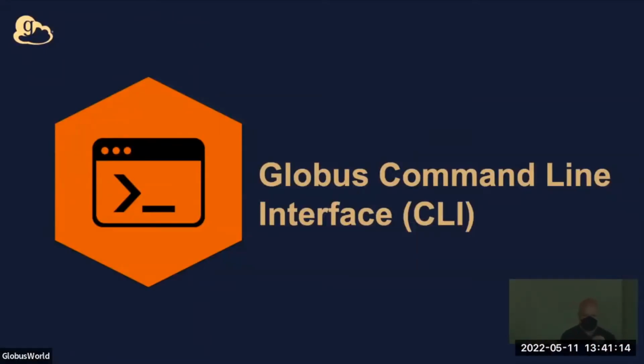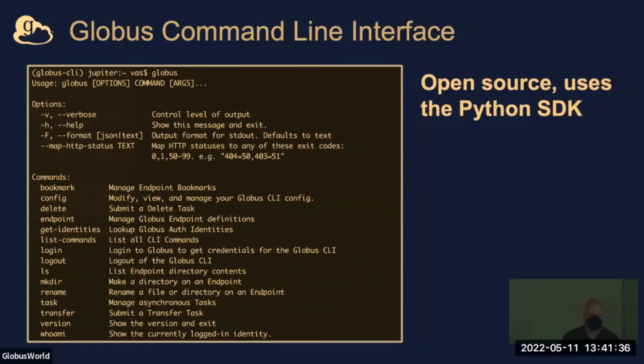which is the Globus command line. Just by show of hands, how many people in the room use the Globus command line today? Okay. I'll take that as an opportunity to point out why you may want to look at it, although that may just be a testament to the fact that the web app is terrific and covers all your needs, which is also good, or the API.